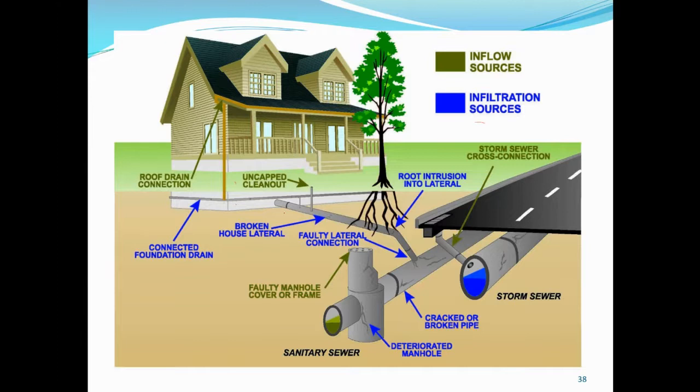So here you have a house broken lateral, which is conveying the wastewater, and a faulty lateral connection. This is connected to the pipe. You see the sanitary sewer, and this is the storm sewer collecting rainwater, rainfall, from the side of the roads. You might have seen these shapes.